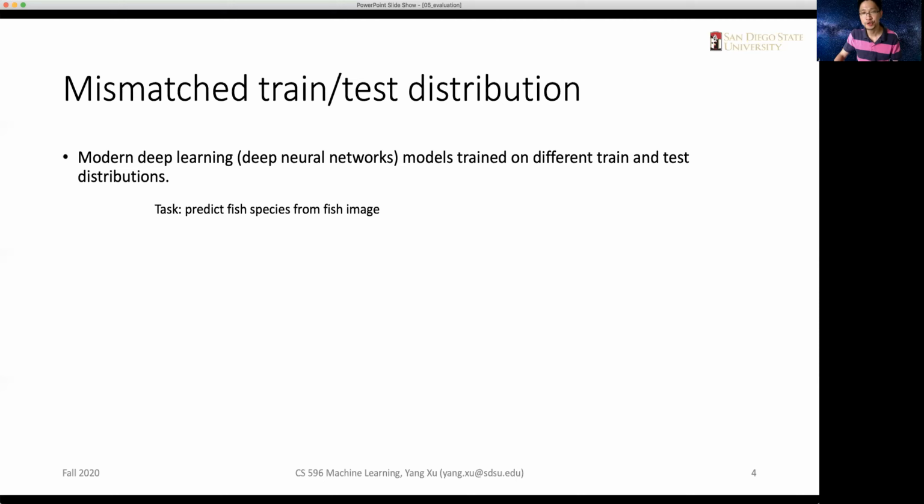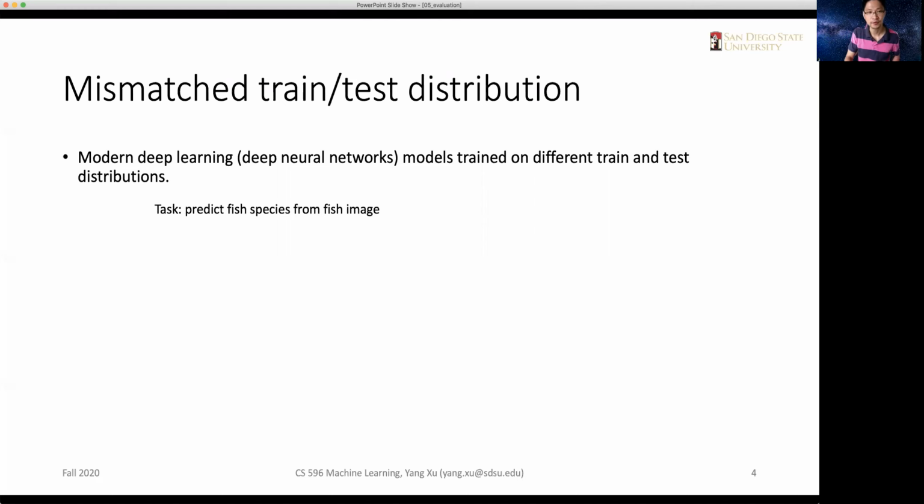One of the issues that we need to keep in mind is that in the design of modern machine learning or deep learning systems, it is a common case that the models are trained on different training data sets, but the model we trained will be used on different data sets.